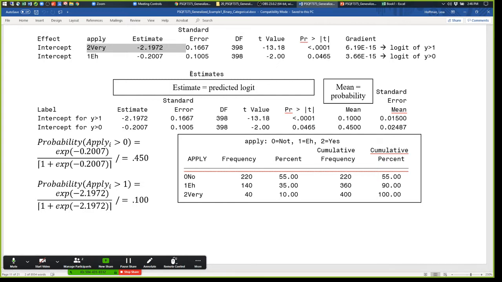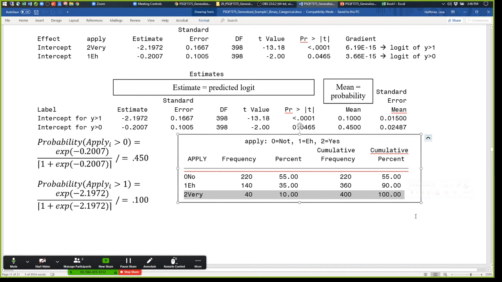What does that mean? How likely is yes if my logit is -2? Not very likely. Much closer to the probability of 0 than the probability of 1. More specifically, only 10% of my sample said yes, I'm very likely to apply to graduate school. So a logit of -2.2 corresponds to a probability of 0.10.